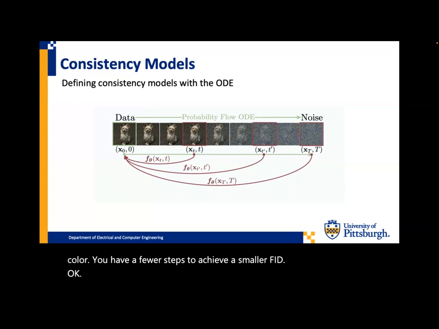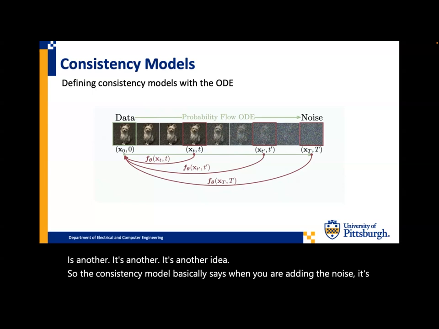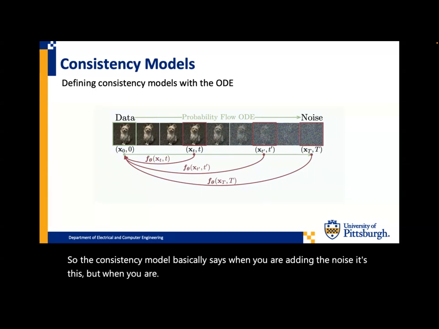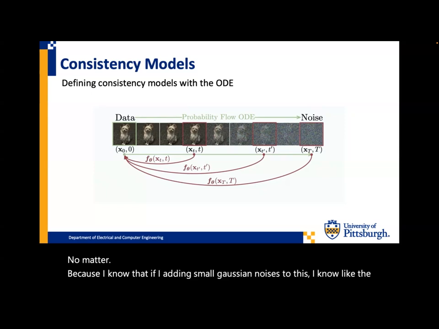So this consistency model is another idea. The consistency model basically says, when you are adding the noise, it's this. But when you are coming back, because I know that if I'm adding more Gaussian noises to this, the path is smooth, which means that there is a path.